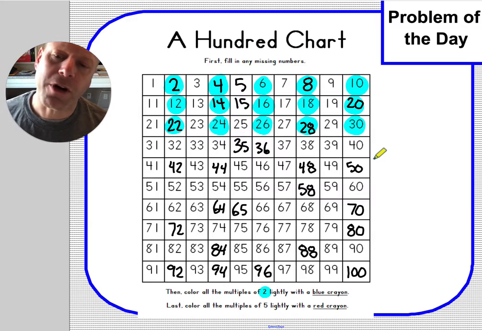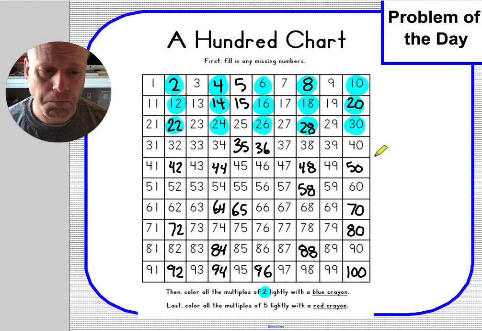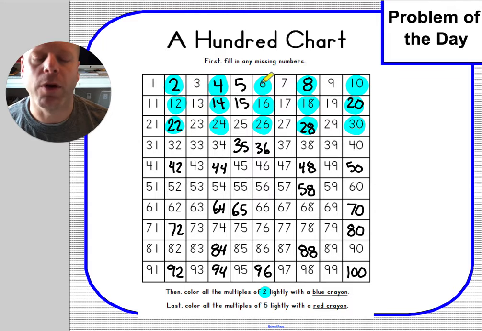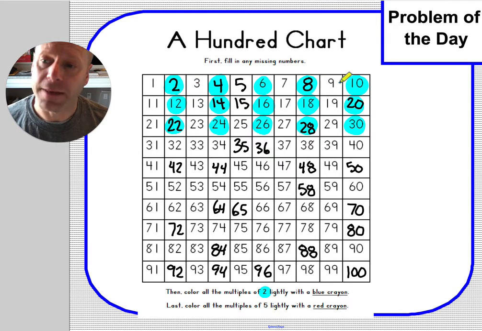So when you're starting to skip count, lots of kids think, oh my goodness, how can I remember all these numbers? Well, it's actually quite easy when you look at it because it always goes 2 in the back, 4 in the back, 6 in the back, 8 in the back, 0 in the back. You'll notice that I'm not even counting anymore and I'm just following that same pattern.